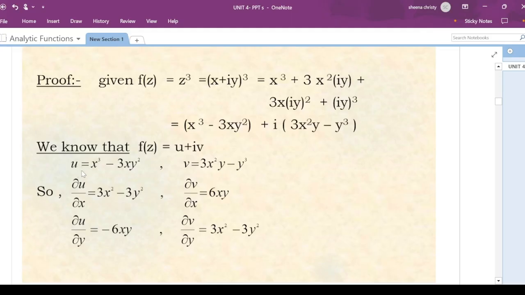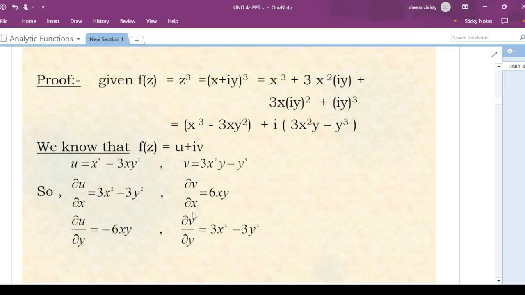Differentiating u partially with respect to x and y, you will get ux = 3x² − 3y². uy = −3x(2y), so that gives you −6xy.